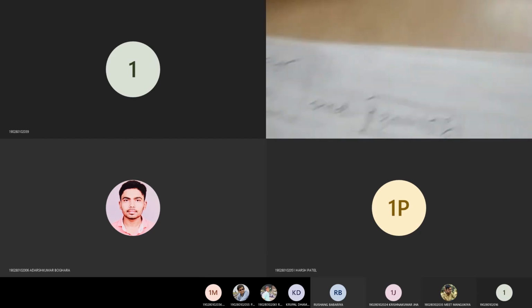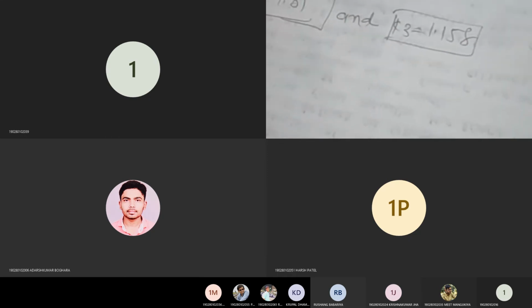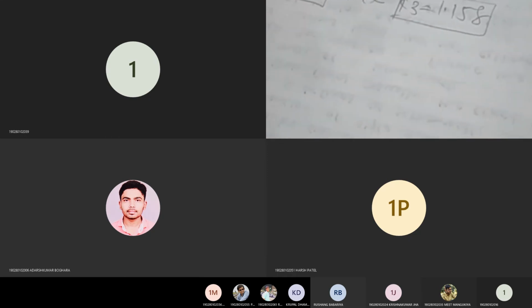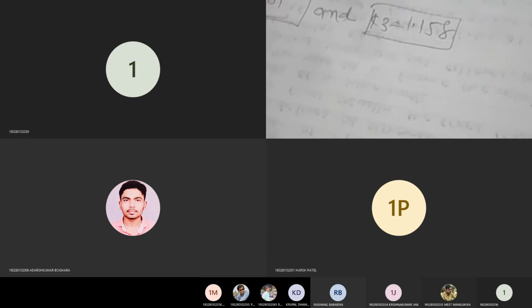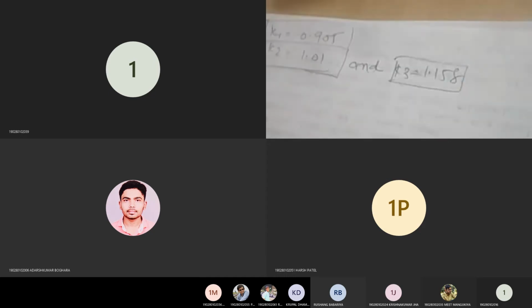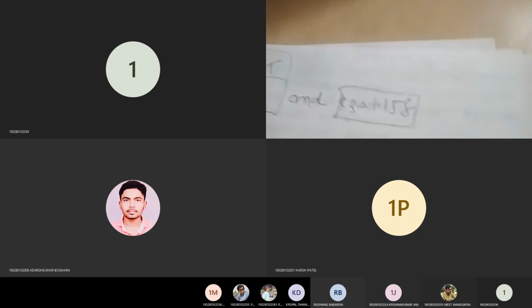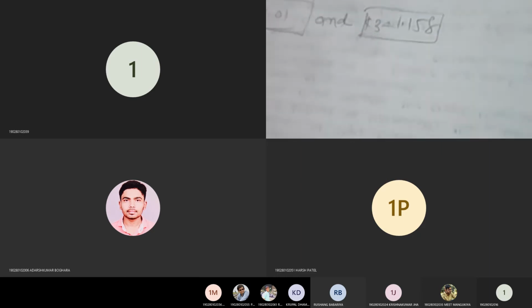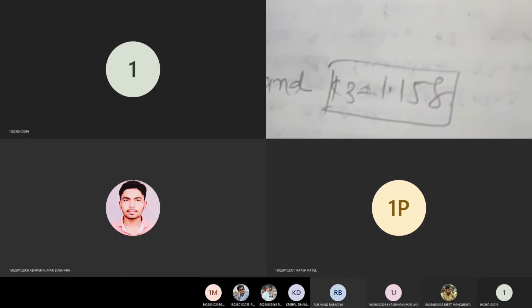Now we have another equations that K1 is equal to D by A, K2 is equal to D by C, and K3 is equal to A square minus B square plus C square plus D square by 2AC, as I repeated in the initial session of the lecture. Here, not a single value is given to us.